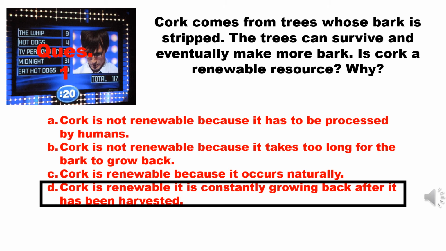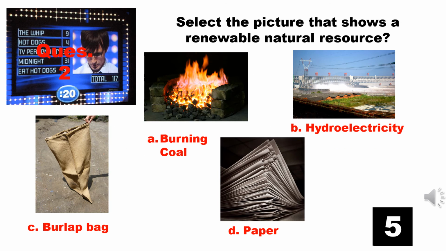Cork is renewable because cork trees will either grow back or can be replanted after cork has been harvested. Many resources that are found in nature are non-renewable. For example, coal is found in nature, but once it's gone, it cannot be replaced.